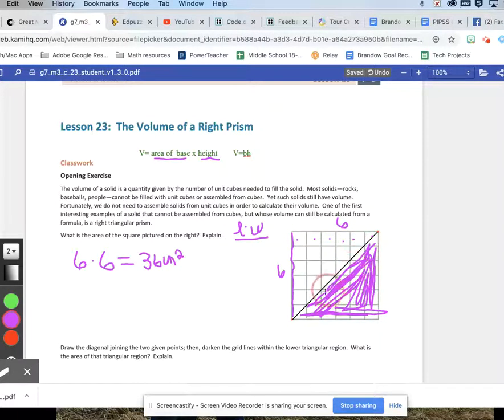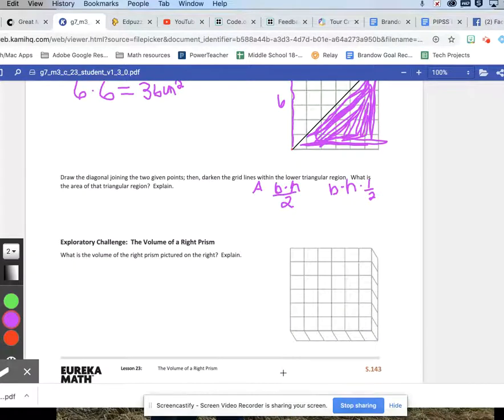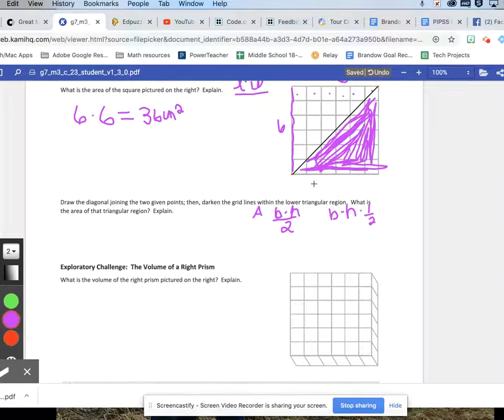Well, area of a triangle is base times height divided by 2, or base times height times 1/2. Same thing for a triangle. Either one of those work. So I already know my base is 6.